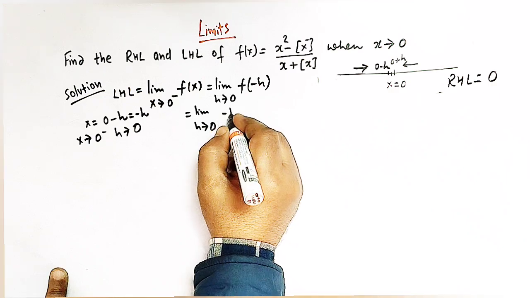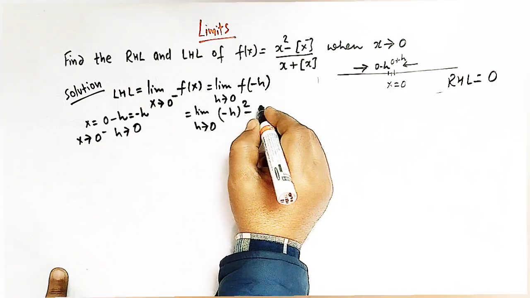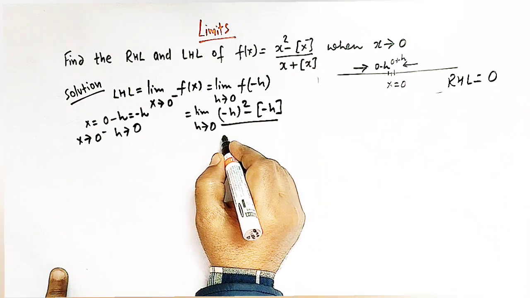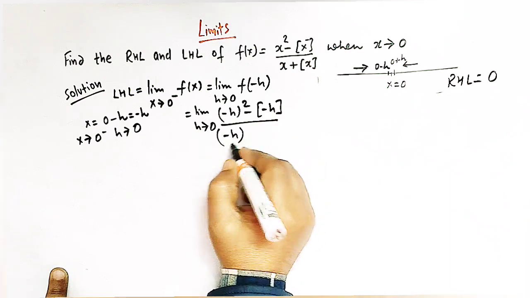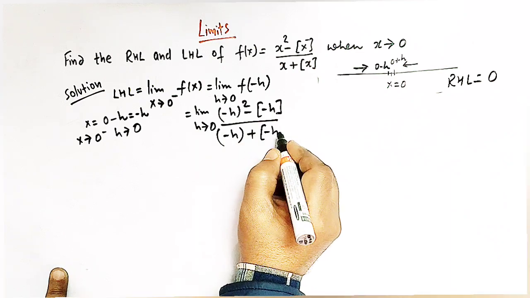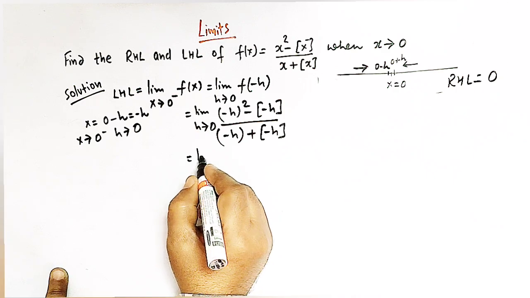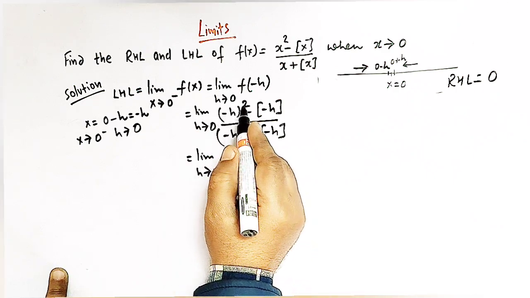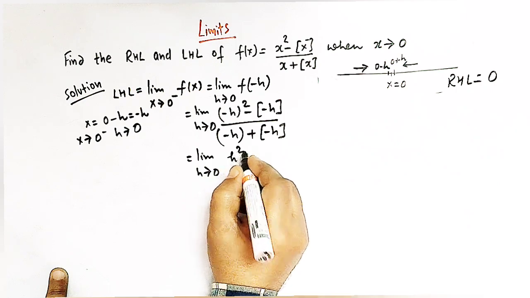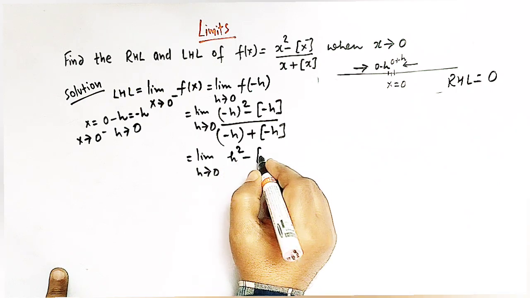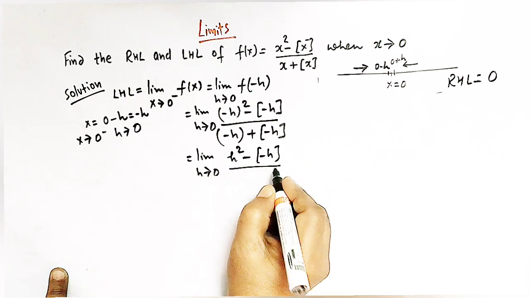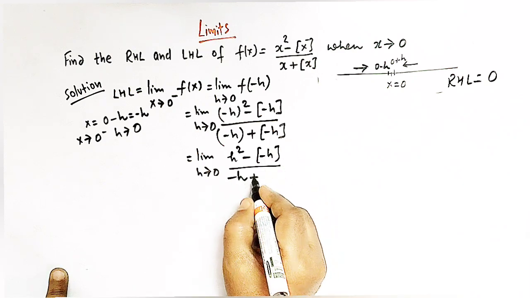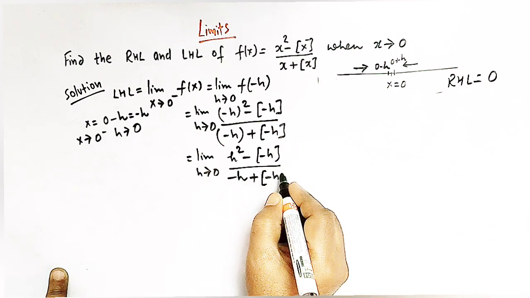So we have minus h square, then we have greatest integer of minus h divided by minus h, and here we have greatest integer of minus h. So now we can write limit h tends to 0, minus h square is simply h square, and here we have greatest integer of minus h, and here we have minus h, and here we have plus greatest integer of minus h.